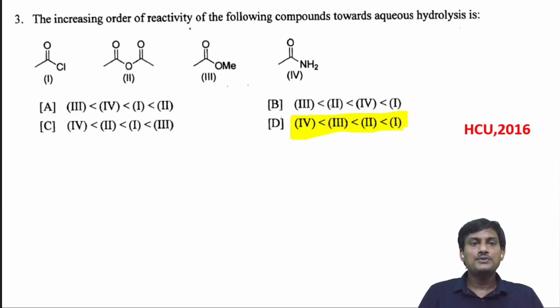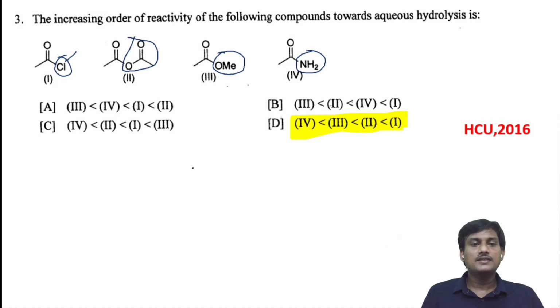The increasing order of reactivity of the following compounds towards aqueous hydrolysis is. Aqueous hydrolysis depends on the leaving ability of these groups. So this is the Cl, and this is the group, and OMe and NH2. The more the leaving ability of these groups, the more the rate of aqueous hydrolysis.